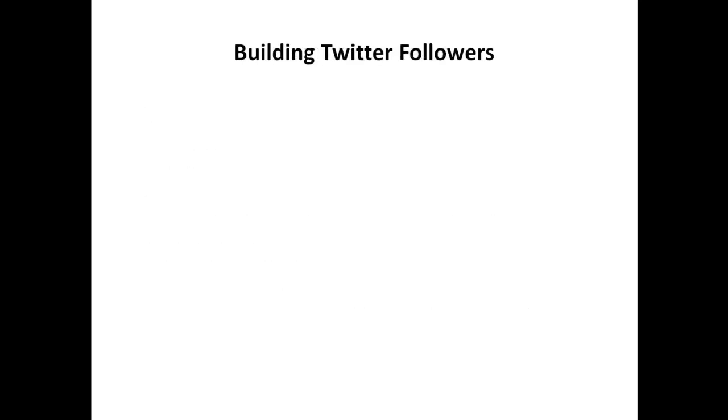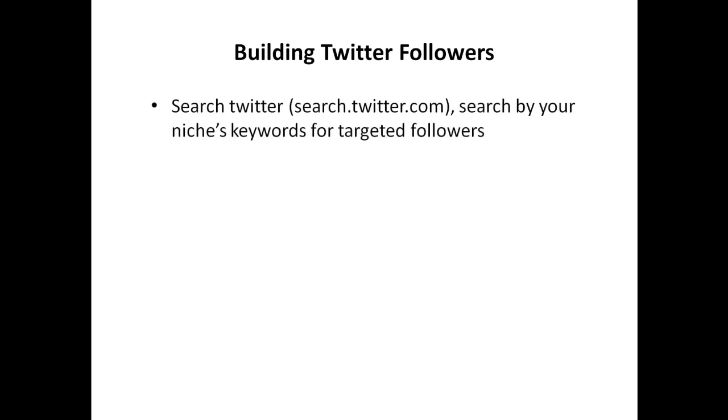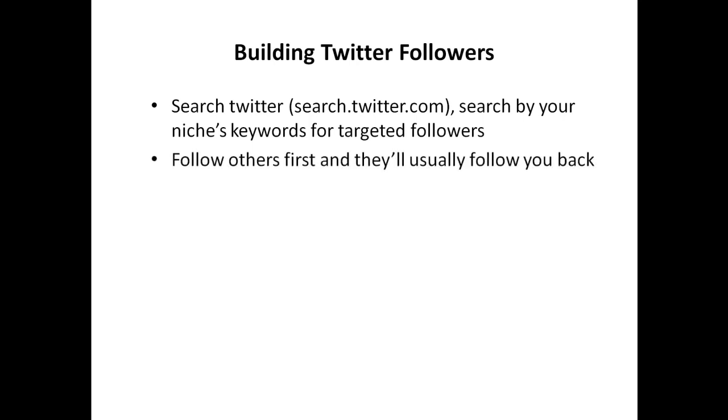Building Twitter followers. Search twitter.com. You can search by your niche's keywords or search for targeted followers. You can follow others first, and there is a rule of thumb that they'll usually follow you back. It's interesting and very worthwhile to follow the influential people in your niche. They'll give you lots of ideas on what to tweet about, and you'll be able to connect to their users.